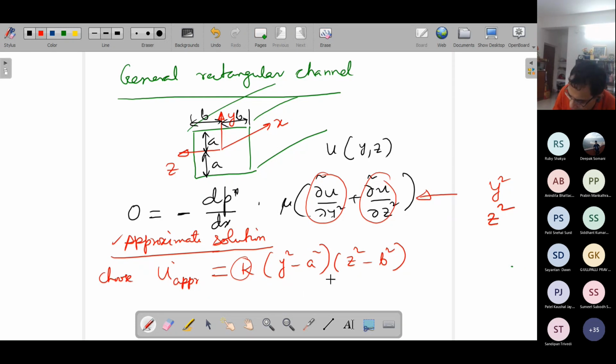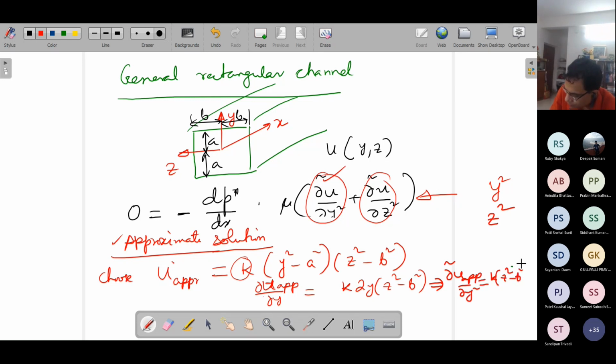So we can find the derivative of u with respect to y. This is k into 2y into z square minus b square. We will take another derivative of this term, which is k into z square minus b square, times 2. Similarly, the z derivative will be k into y square minus a square, 2k.